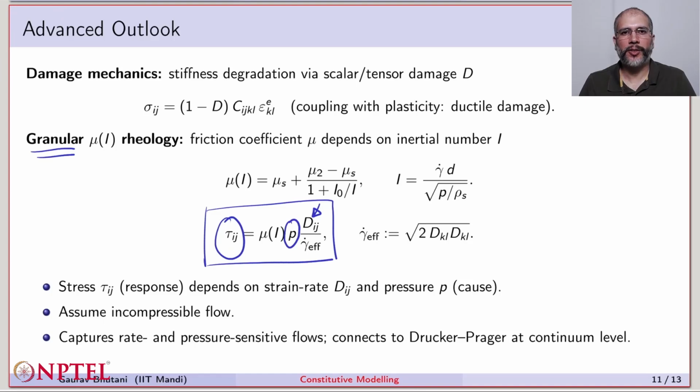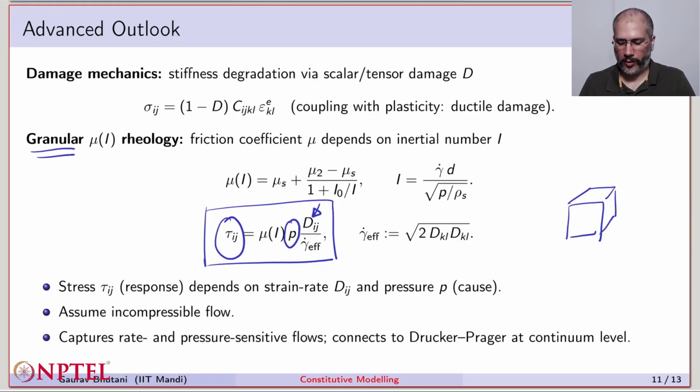So firstly, if there's no pressure being applied to the material, then there is no shear stress. That's very much valid for a cube full of granular material. If you don't apply any pressure, there's no friction between the grains and therefore there's no resistance to any rate of deformation. There's no shear stress required to create deformation as such.